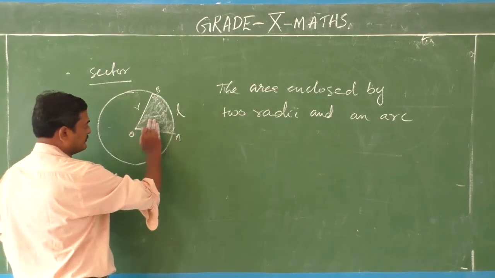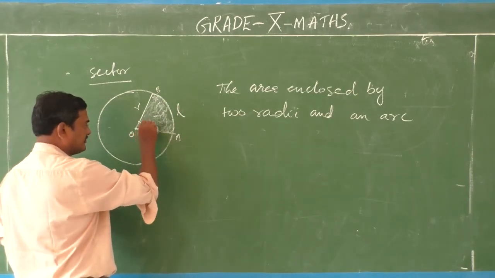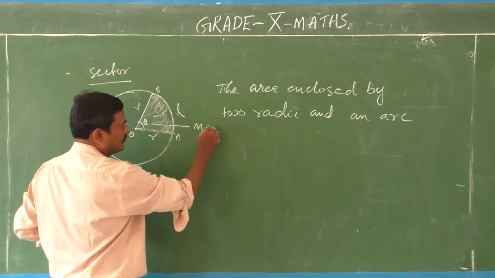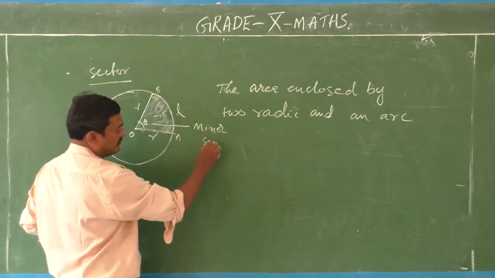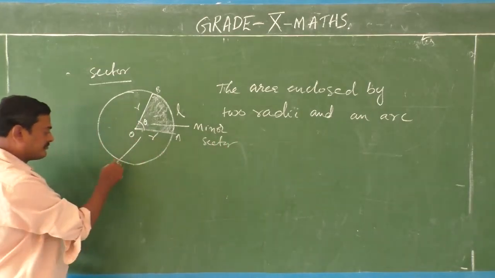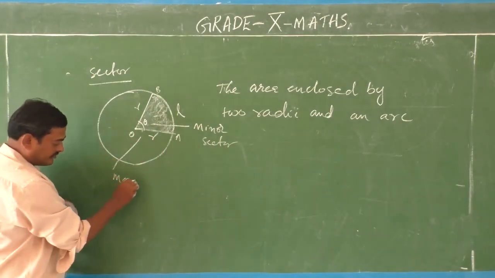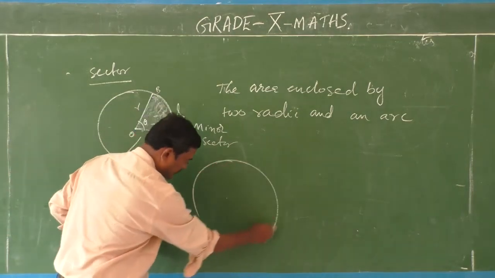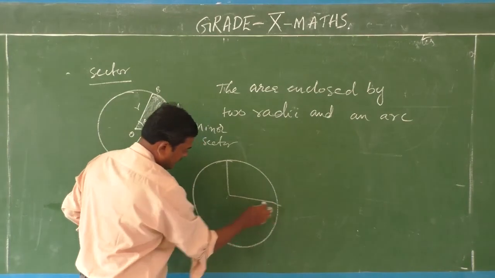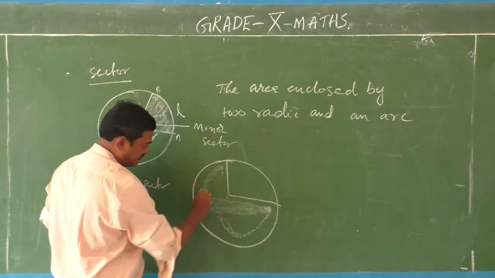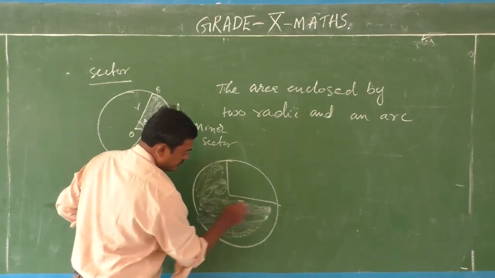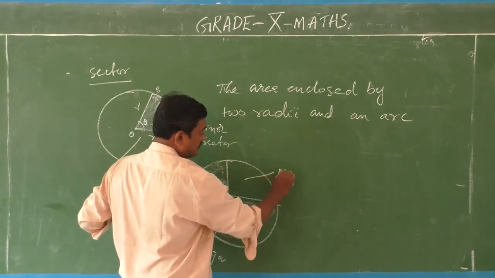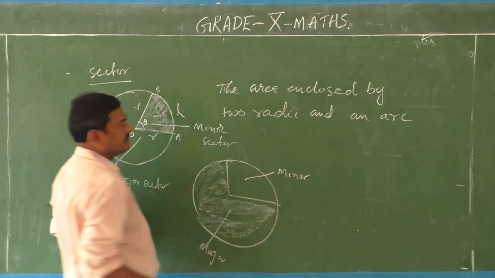This is the sector angle theta. This is called the minor sector, and the remaining part is called the major sector. This is major. This is minor.